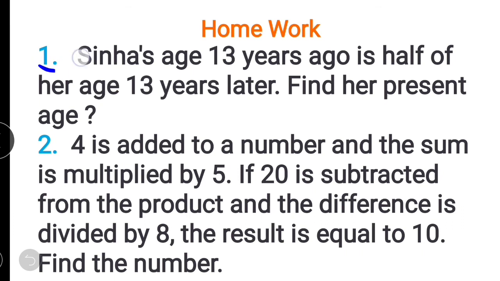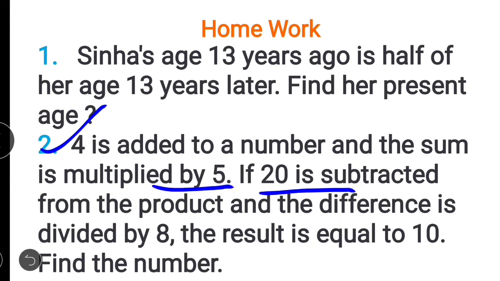Today's homework. The first question: Sinha's age 13 years ago is half of her age 13 years later. Find her present age. Second question: 4 is added to a number and the sum is multiplied by 5.